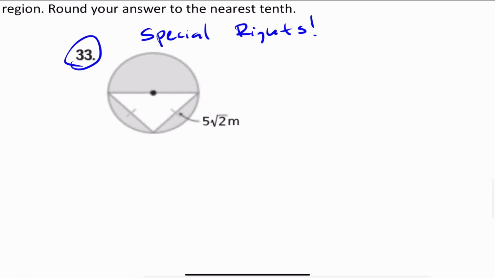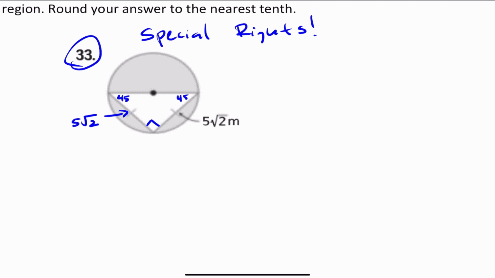If you remember, the vertex is on the circle and this is the diameter, so we can safely assume that this is 90 degrees. Since this is an isosceles right triangle, if this is 5 root 2, then this segment is also 5 root 2. So I'm really applying 45, 45, 90. That's our special right triangle we're going to be dealing with.